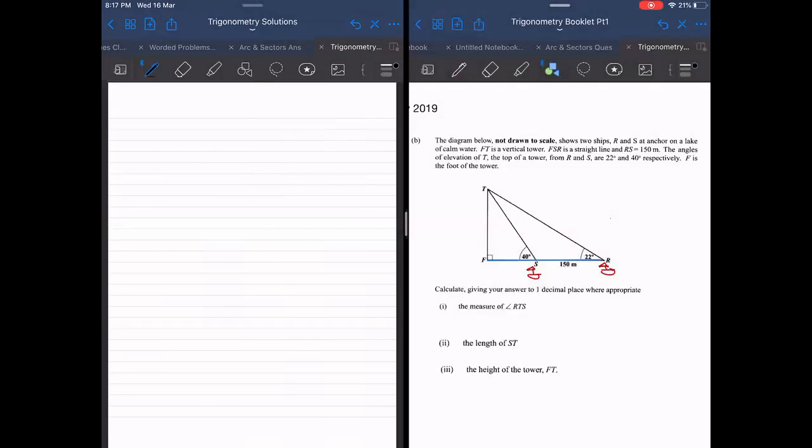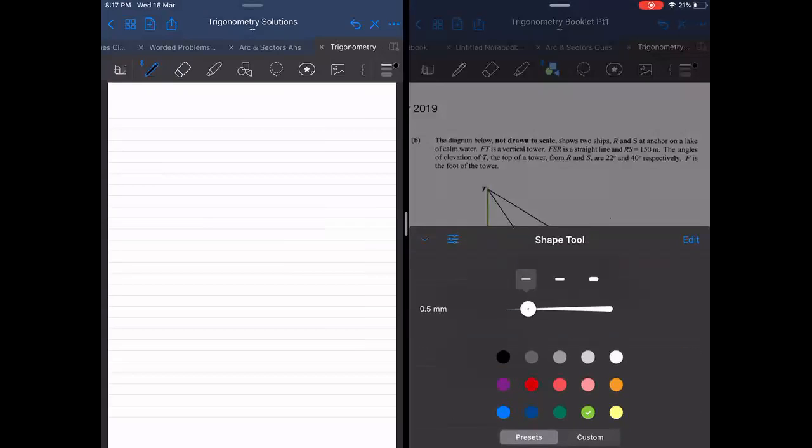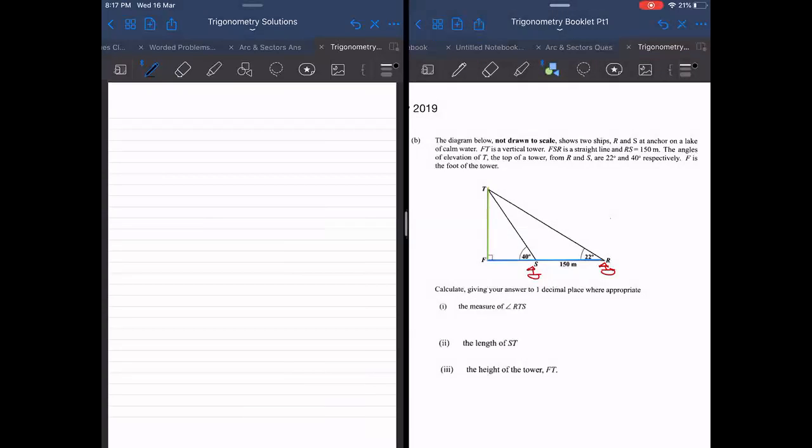It says FT is a vertical tower, and FSR is a straight line such that RS is 150 meters. It says the angles of elevation of T, the top of the tower, from R and S are 22 and 40 degrees respectively.